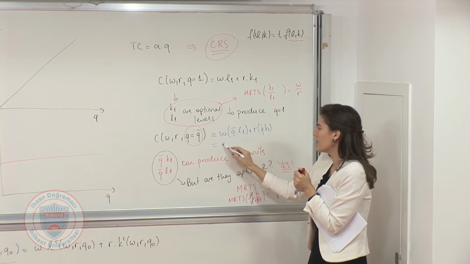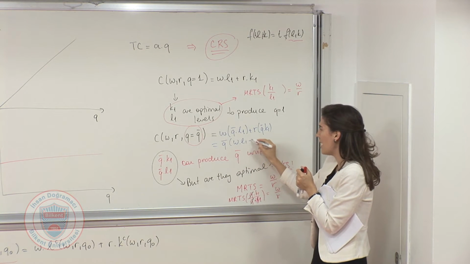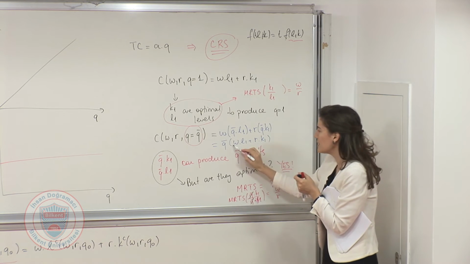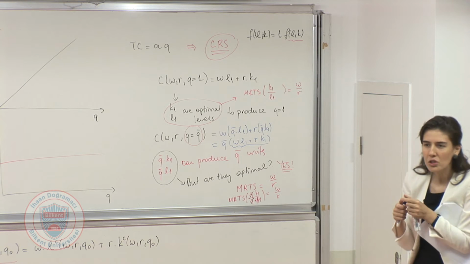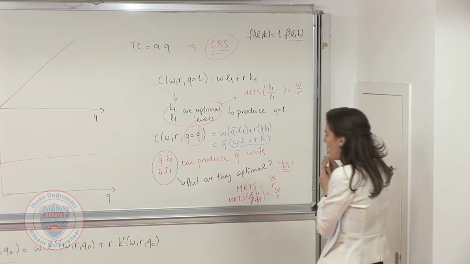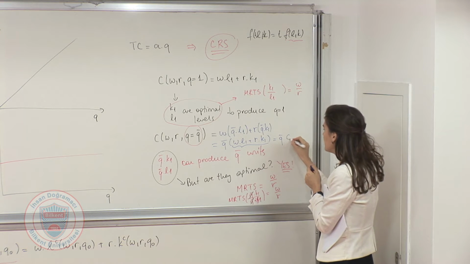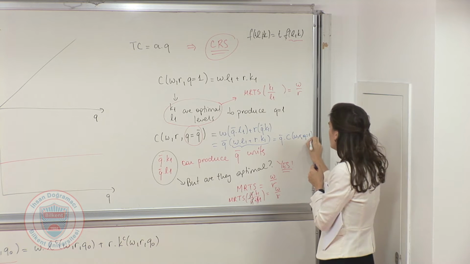Here you can say that Q bar, in parentheses, wage times L1 plus R times K1. What was this? This is the cost of producing a single unit. So this is Q bar times C of wage, R, where Q is equal to 1.